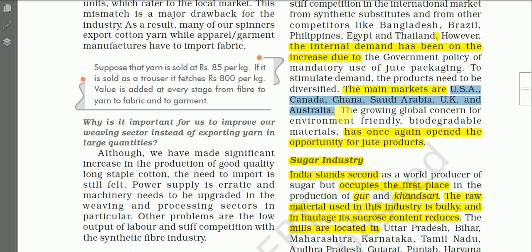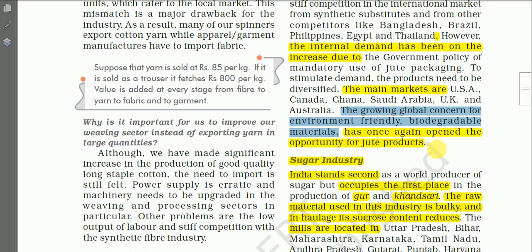Growing global concern for environmental friendly biodegradable materials has once again opened the opportunity for jute products. Nowadays we have this environmental concern about pollution, about environmentally friendly products, and about the use of biodegradable materials.